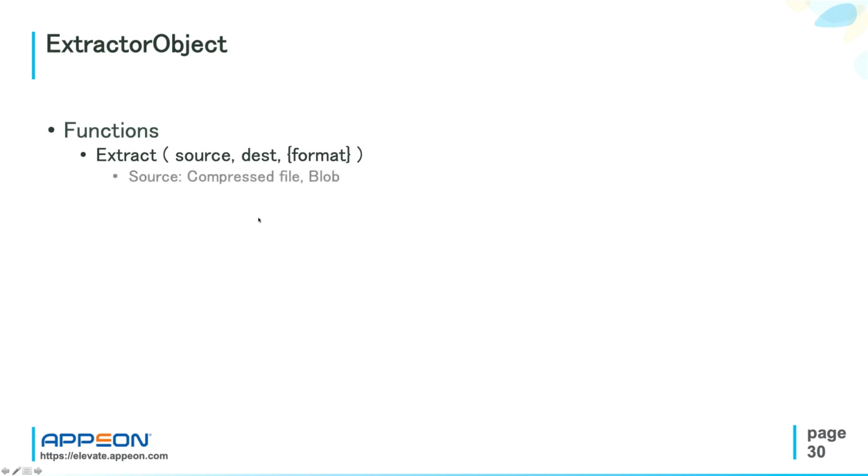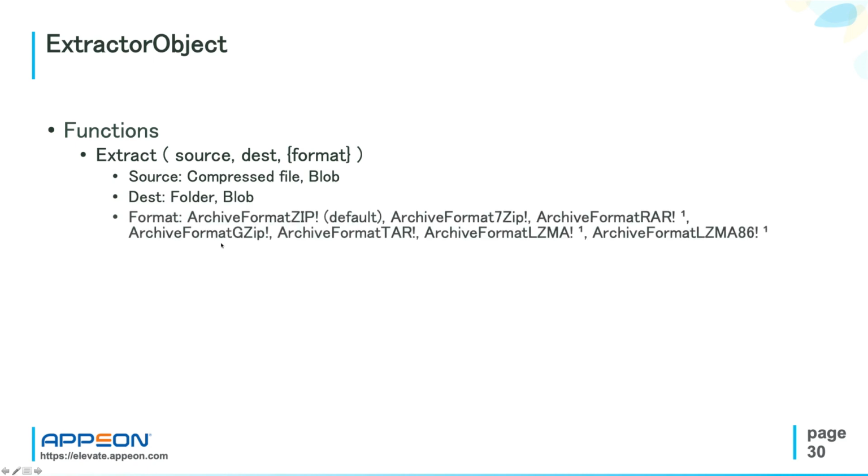The opposite function is performed by the extractor object. It comes with a method extract, with source, destination, and format, and the source can be the compressed file from the compressor object or a blob. The destination can be a folder or a blob, and the formats are basically the same as before.